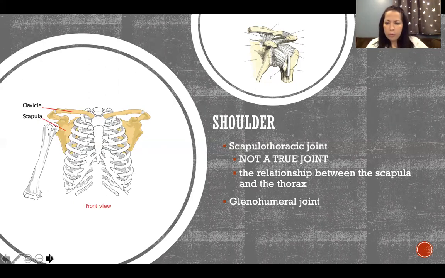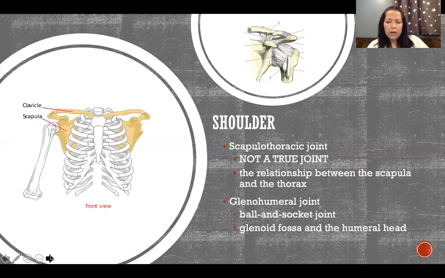Actions of the scapulothoracic joint would be elevation, depression, upward and downward rotation, protraction, and retraction. The glenohumeral joint is a ball and socket joint, so it is triaxial, and it's the articulation between the humeral head where it sits in the glenoid fossa. Again, we'll get into more depth and detail on the anatomy of these joints later on in the course. We'll talk about the labrum in more detail there.